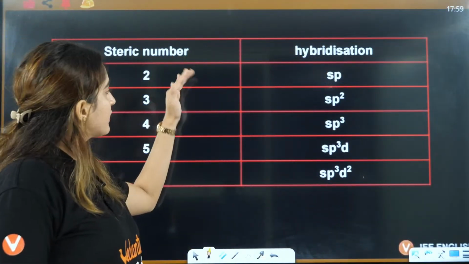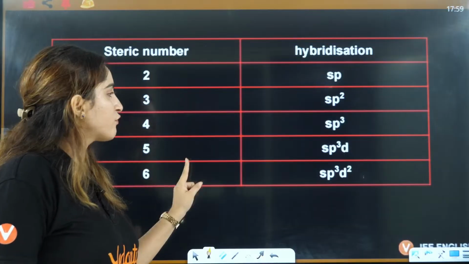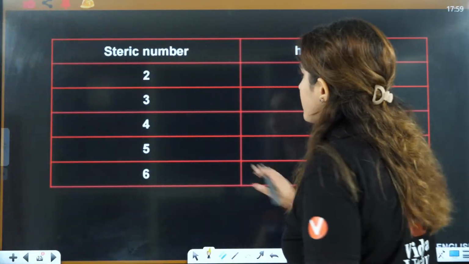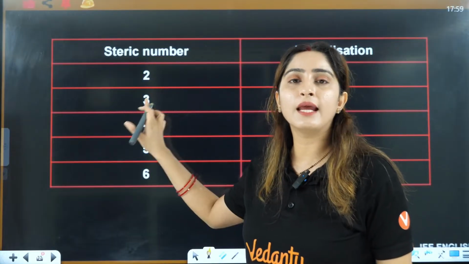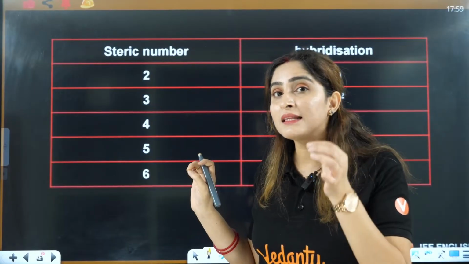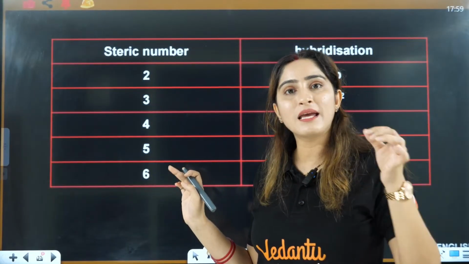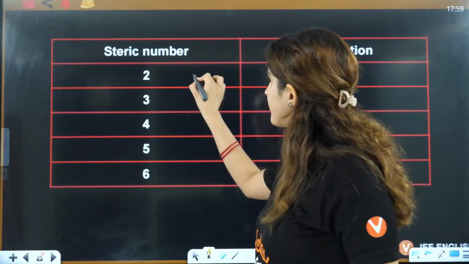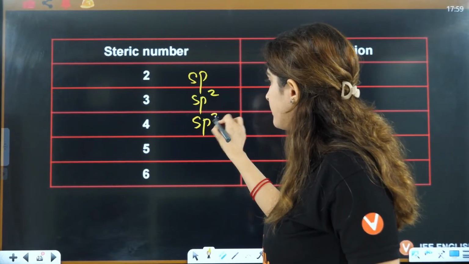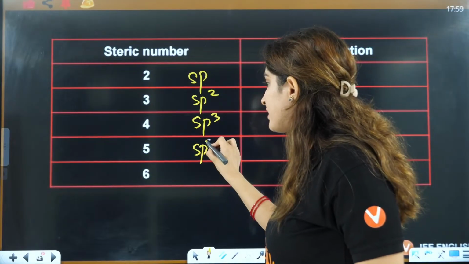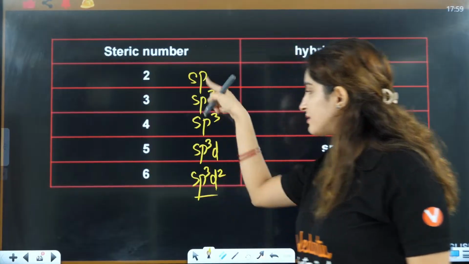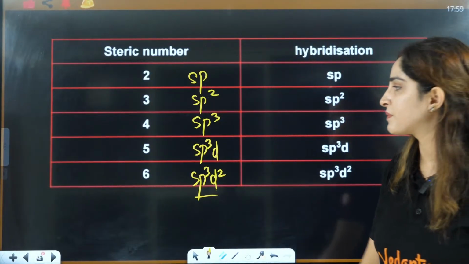So steric number 2, sp; 3, sp2; 4, sp3; 5, sp3d; 6, sp3d2. From sp, increase p, p2, then p3, and once you have p3, increase d, then add one more d. That is how you're going to see this.